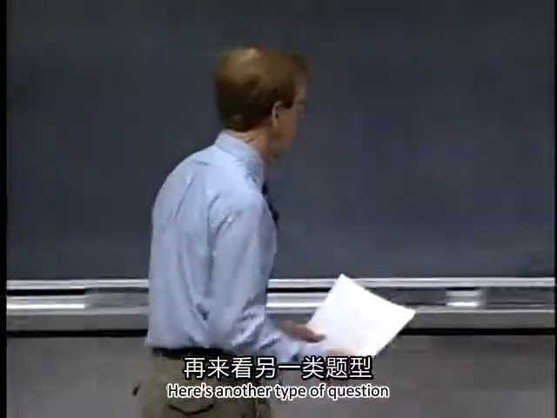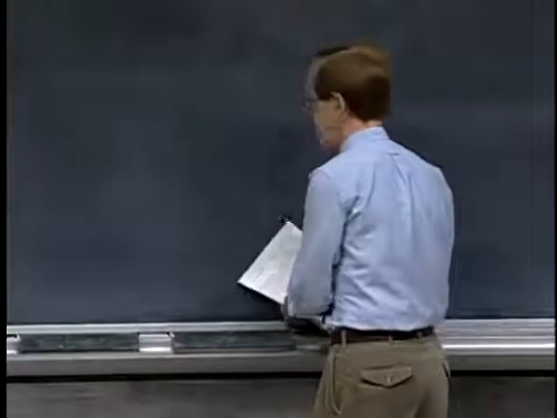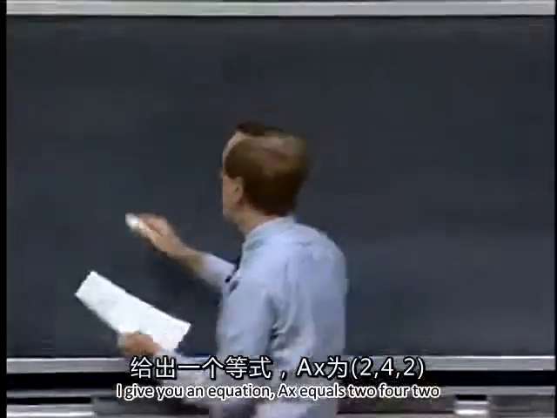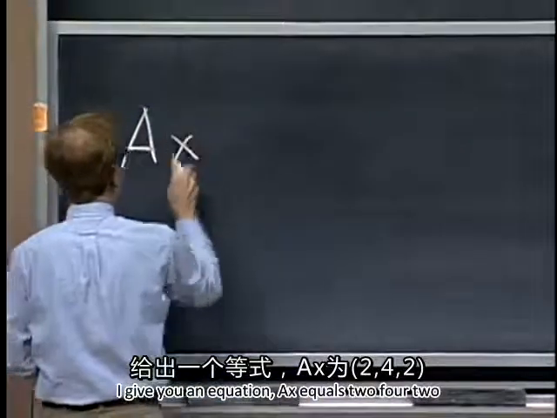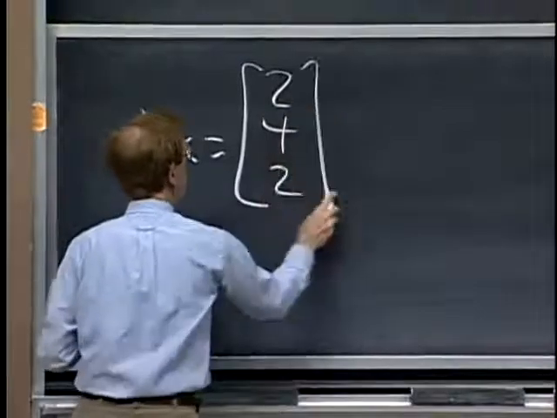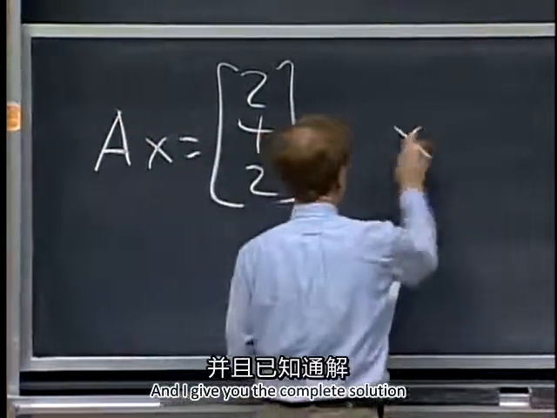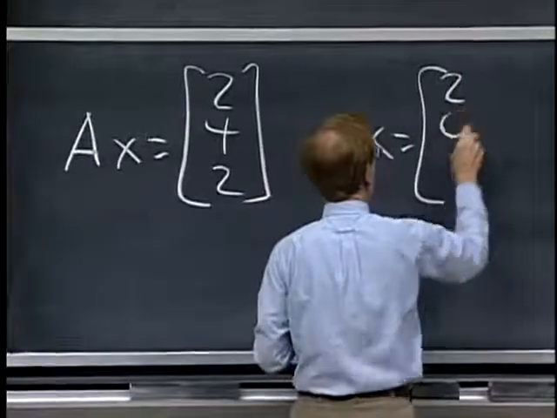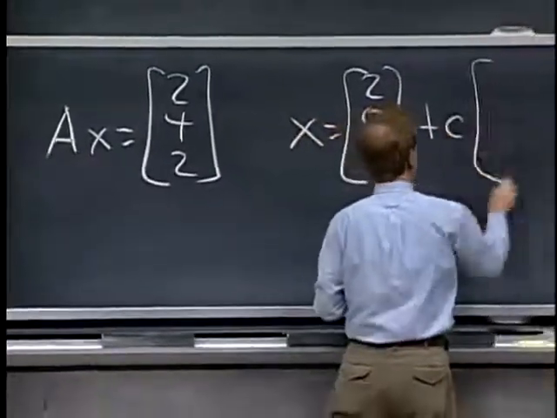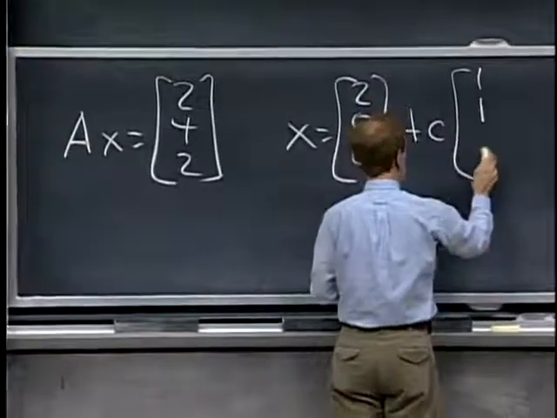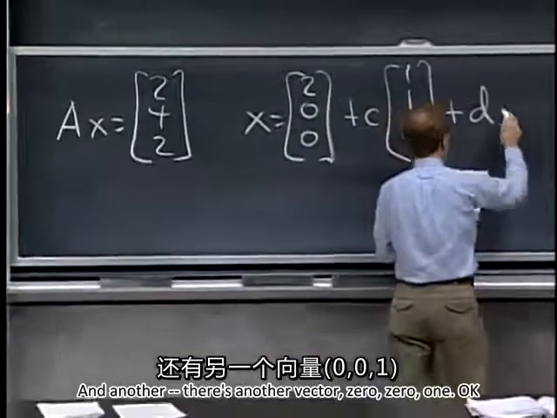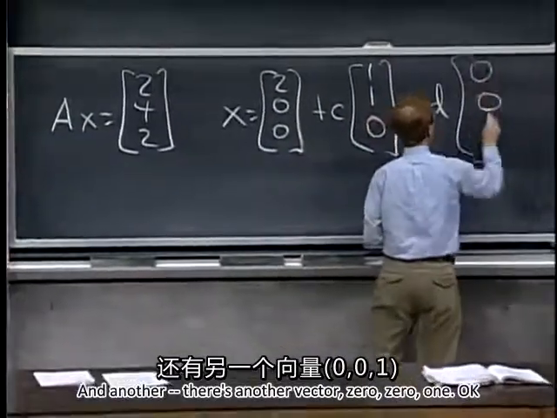Okay. Here's another type of question. I give you an equation, AX equals 2, 4, 2. And I give you the complete solution. But I don't give you the matrix. And there's another vector 0, 0, 1. Okay?